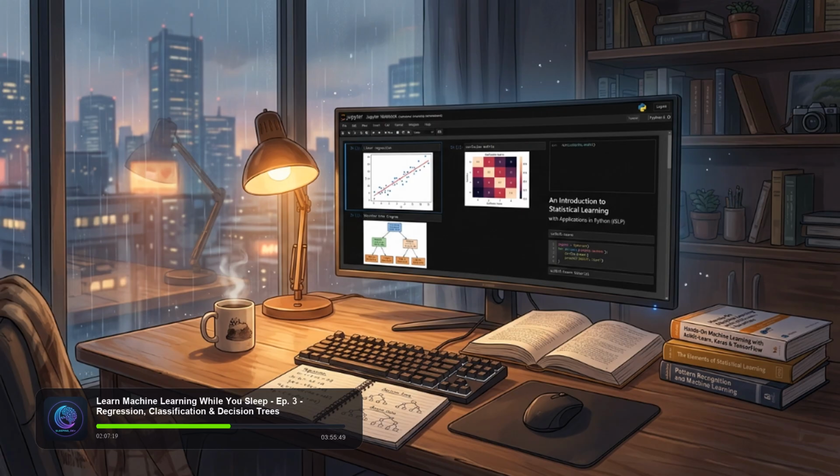To build a spatial mental model of a decision tree, visualize a high-dimensional feature space containing data points. The root node of the tree selects a single predictor feature and a specific numerical threshold value, drawing an orthogonal hyperplane that cuts the feature space cleanly into 2 subregions.